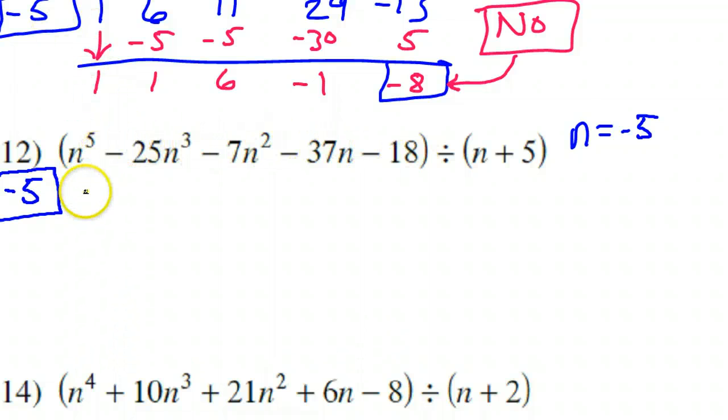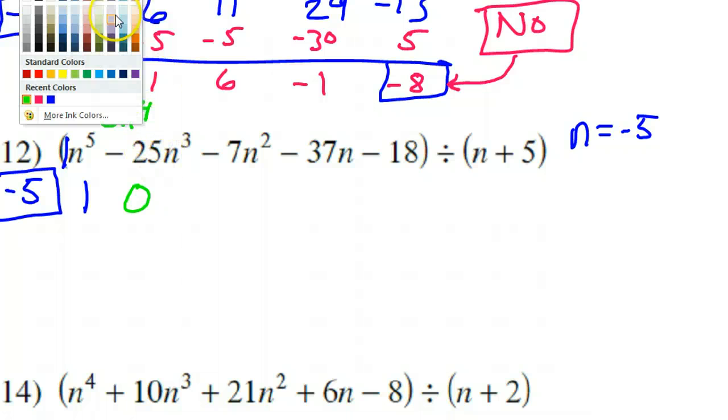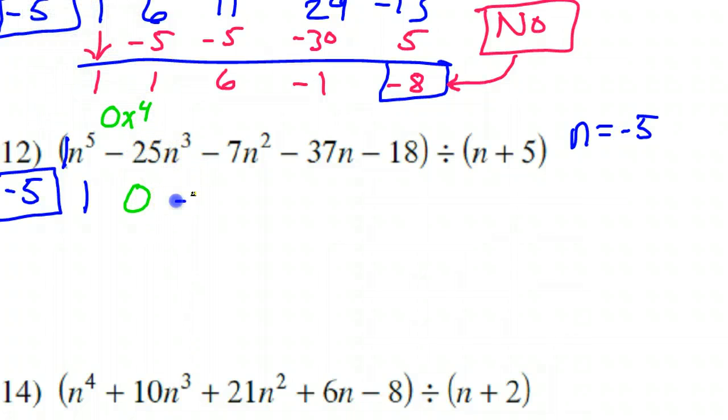We have a missing term here, so be careful. We've got our 1 right there, but then we've got a 0. 0x to the 4th power is missing. Okay, and then we're back with the negative 25, and the negative 7, and the negative 37, and the negative 18.